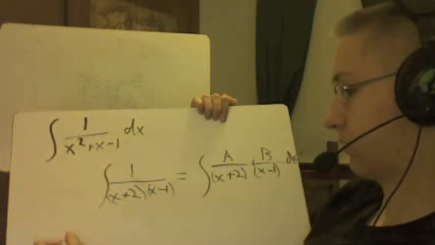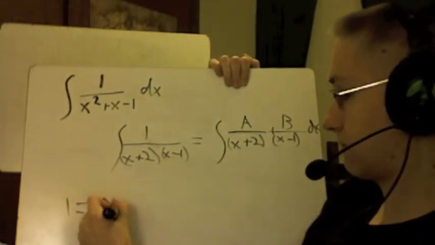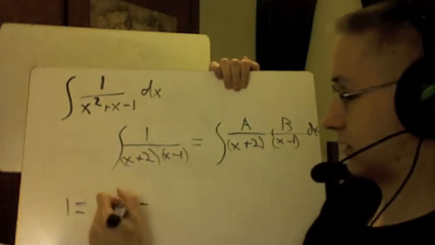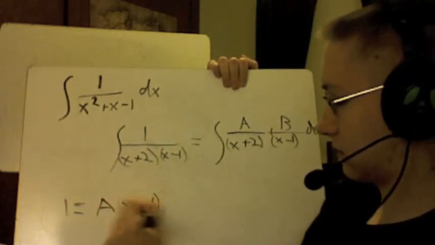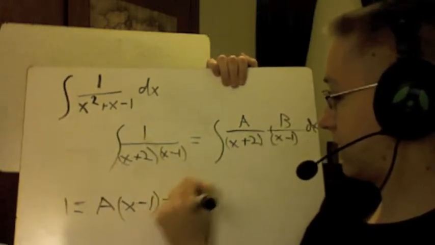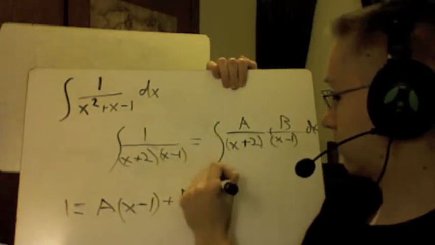So we end up with 1 equals a times (x minus 1), that's not an x, plus b times (x plus 2).